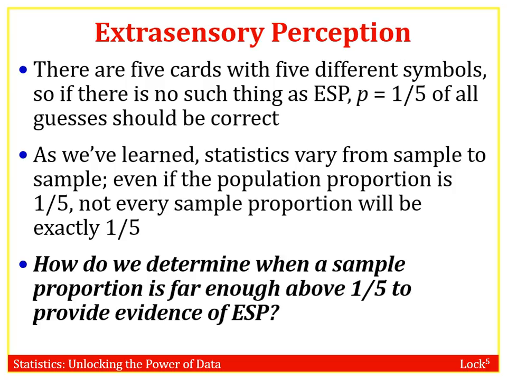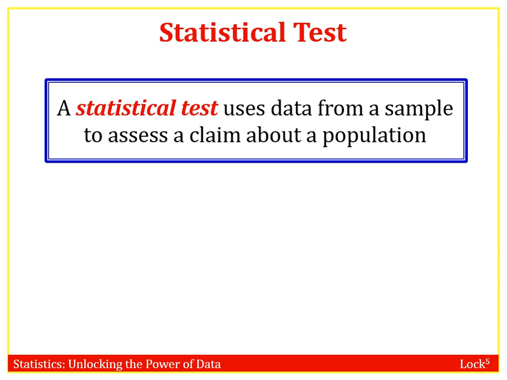So how do we determine if the sample that we get is really far enough away from 1/5, meaning far enough above it, to show that there actually is evidence for ESP? So to do that, we want to do a statistical test. And that's our hypothesis test that we're going to be talking about.